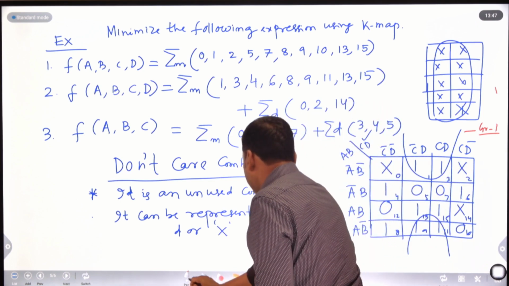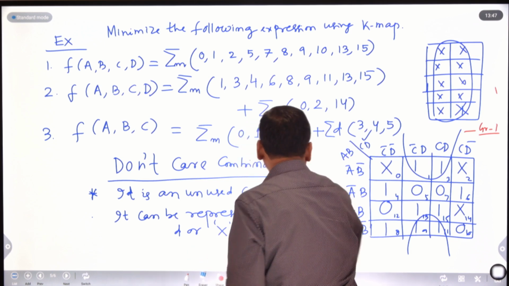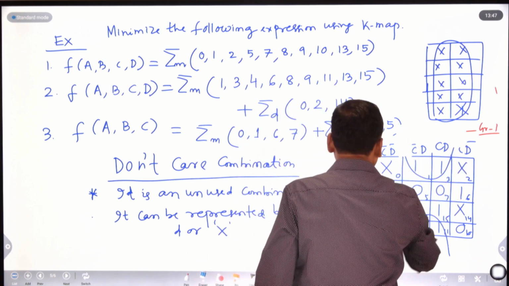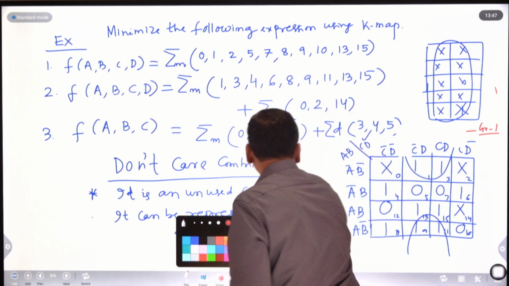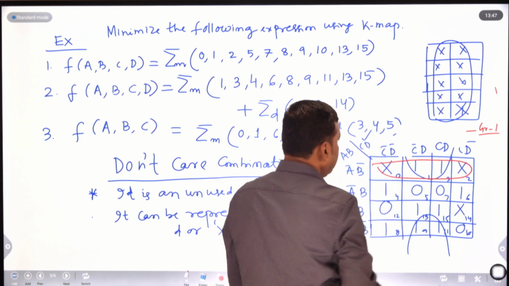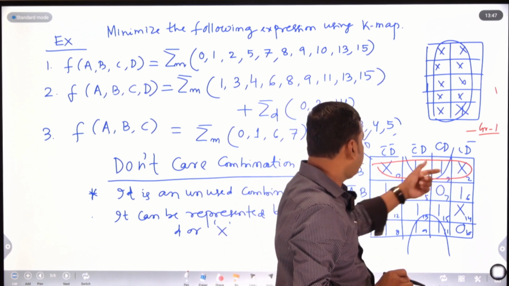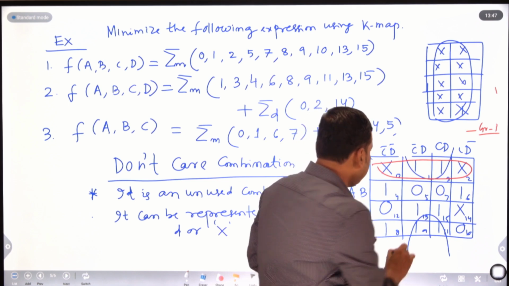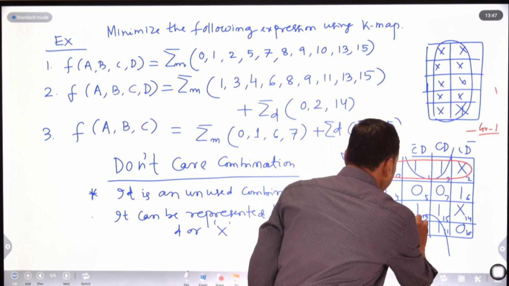You can form a group, or you can combine with this one. It is also possible. This don't care and this 1 I can form a group, and this 1 I can form a group with this one.